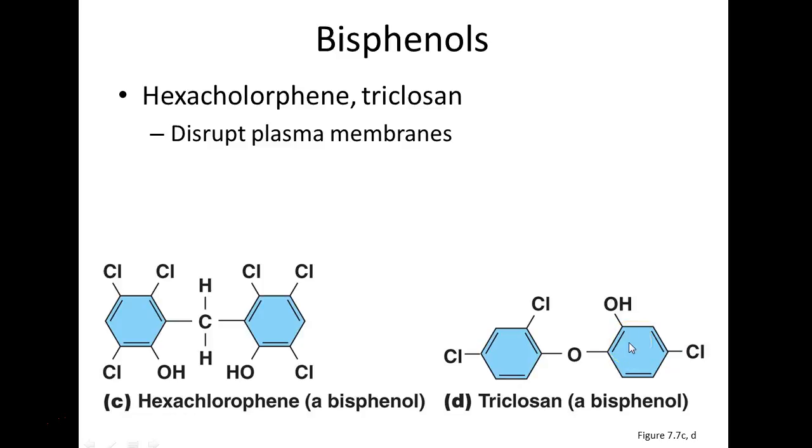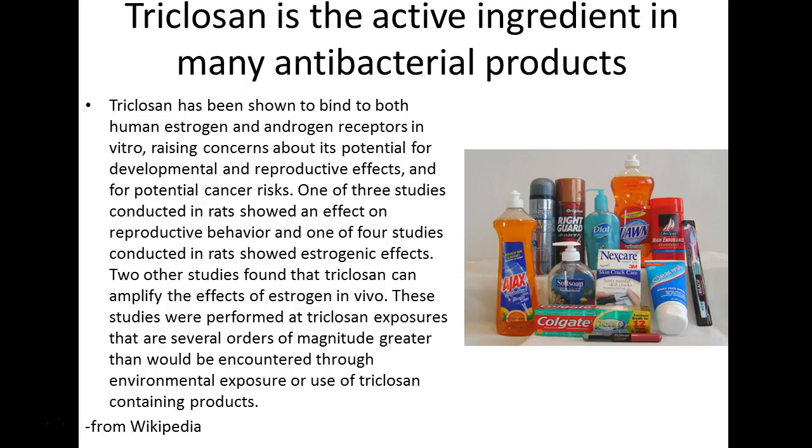So this is triclosan, and triclosan is used in many antibacterial products. When you use antibacterial soaps, those often have triclosan in them. And there's some concerns about whether those are good for you or not.